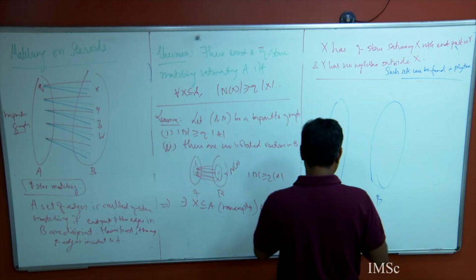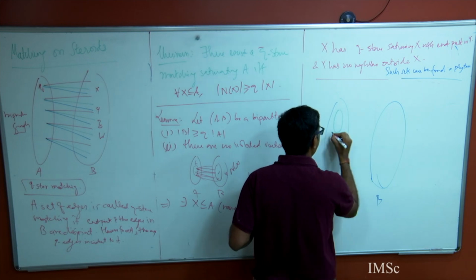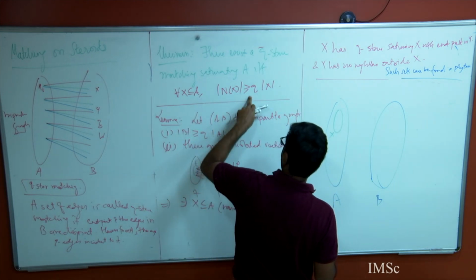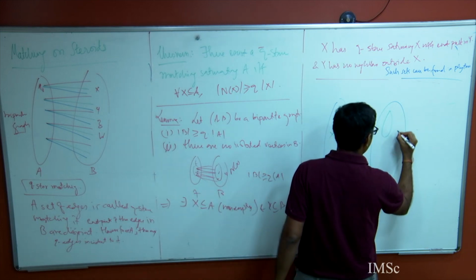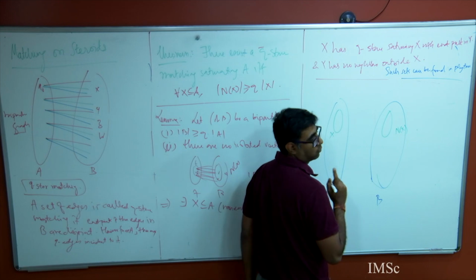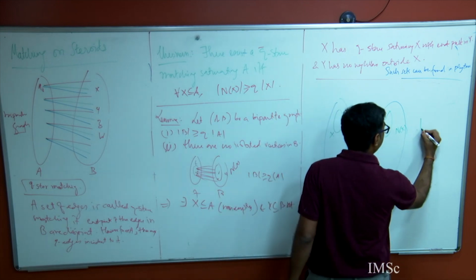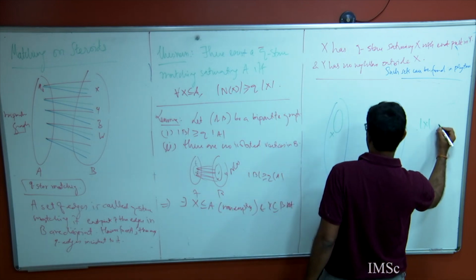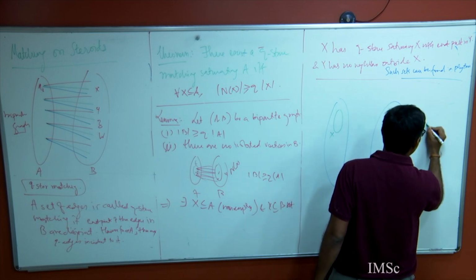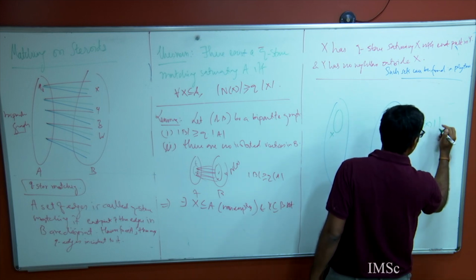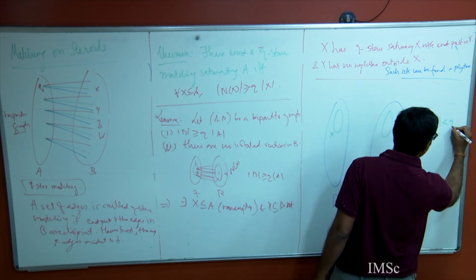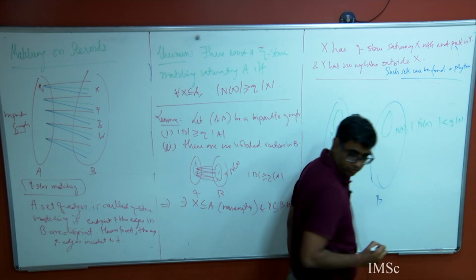There is some subset X here and N of X here with the property that the cardinality of N(X) is strictly less than Q times X. Do you agree to this?